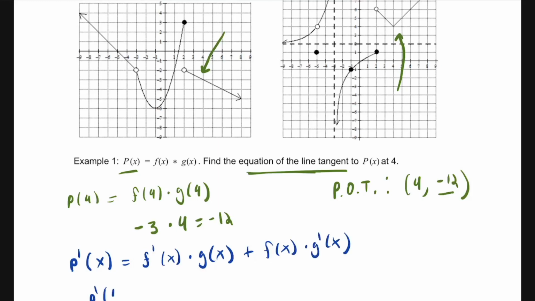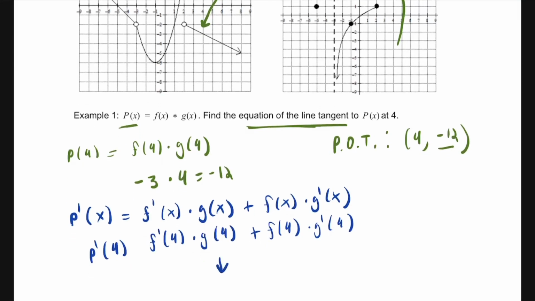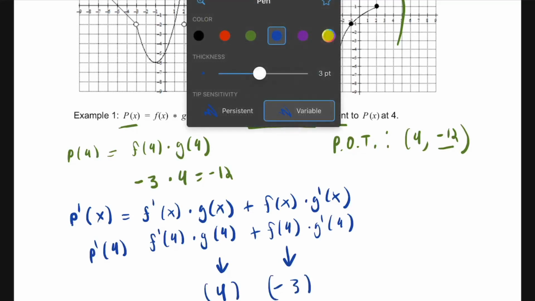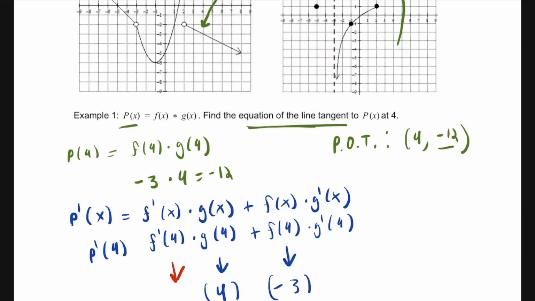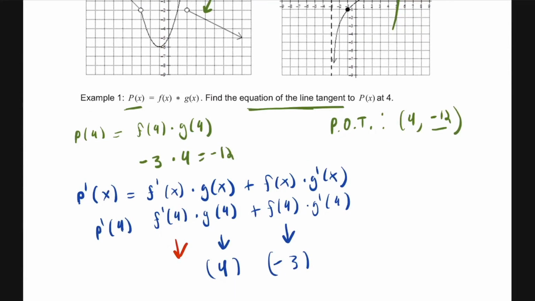And p prime of 4, plugging in 4, and again, once you've done this a bunch, you can kind of skip right to that step, is f prime of 4 times g of 4 plus f of 4 times g prime of 4. We already know what g of 4 is, that's 4. We already know what f of 4 is, that's negative 3. The trick here is, how do we know what f prime of 4 is?